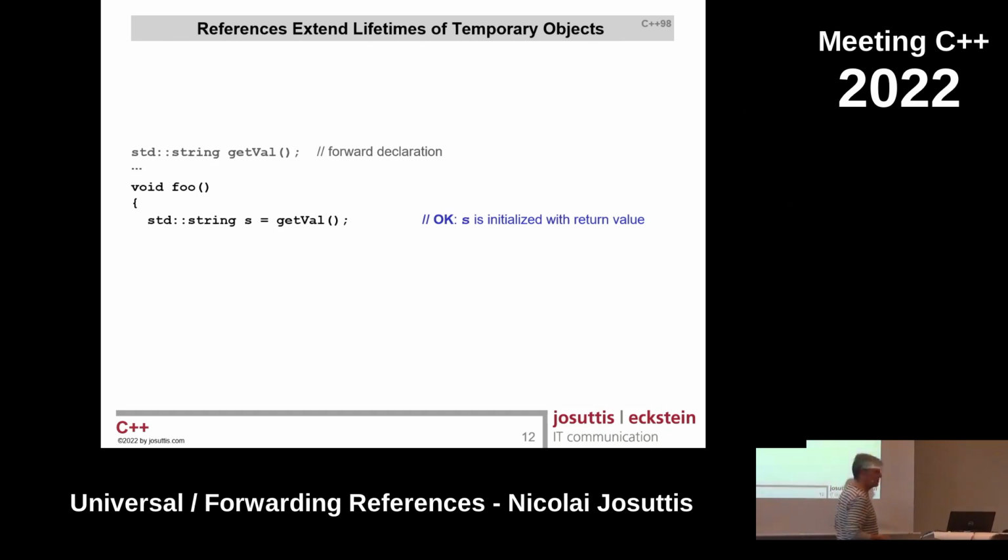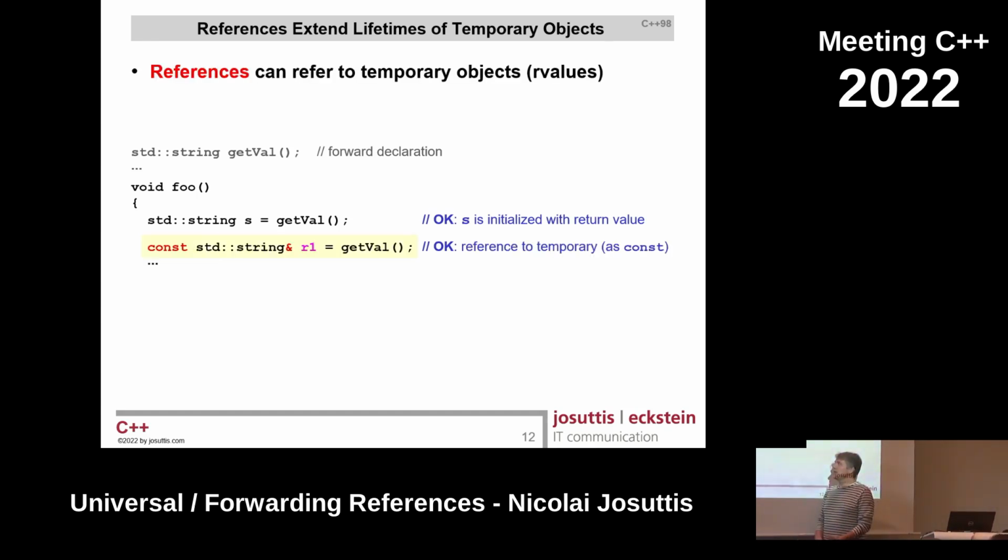So one thing that's important to know, and that is one thing I see not everybody knows, is that references extend lifetimes of temporary objects. So I can say here, I have a return value, a function getVal returns a string, and by initializing a reference, here declared as a const reference, I extend the lifetime of the temporary, which normally at the end of this statement would be destroyed.